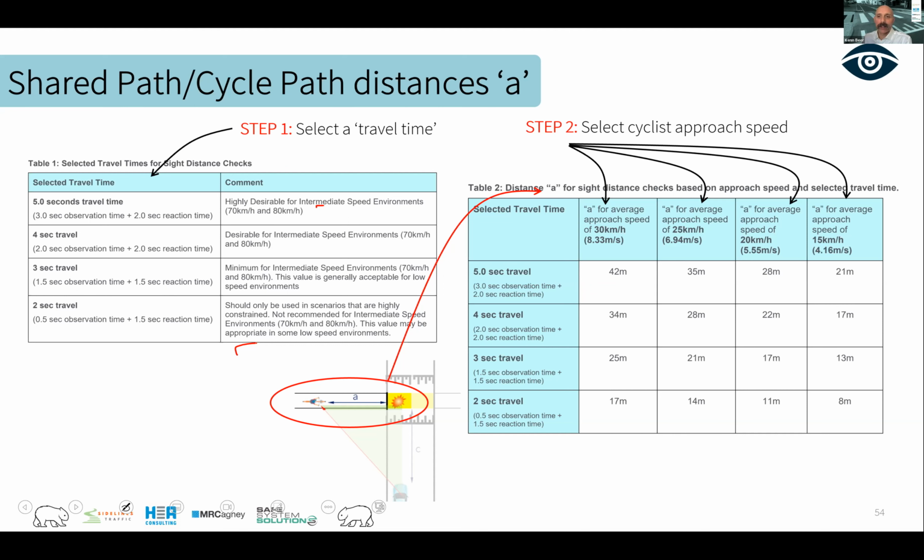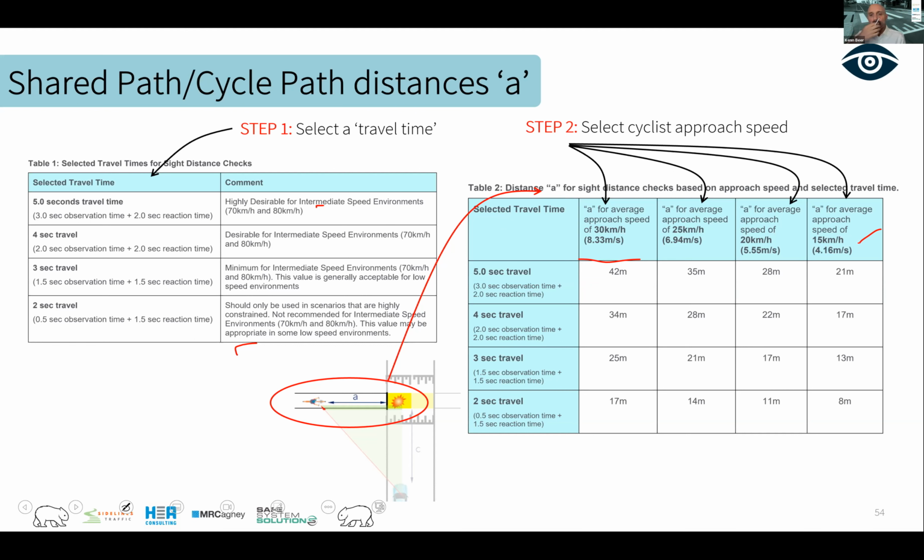Is it that full cycle way where they're chugging along straight and there's nothing to impede the speed of the cyclist? And we're going to go up the top with the 30. Is it a slower speed, shared path, maybe with some horizontal deflection or vertical deflection on the cycle path, so they're slowing down a bit? Well, we can go down to the other end with a sort of 15 kilometers per hour there.